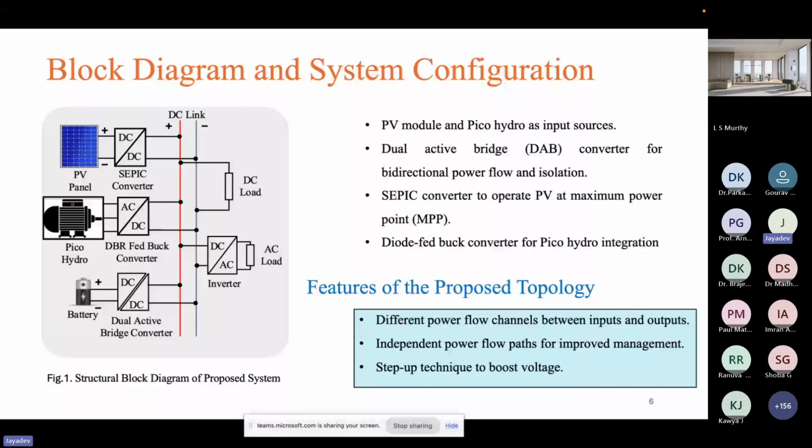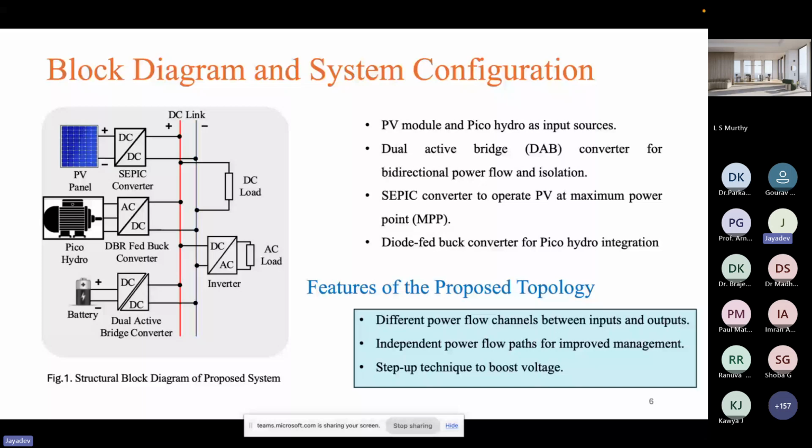Coming to the block diagram of the system, this figure represents the overall block diagram of the system that we have designed. Here we have used PV and pico hydro as sources and a battery to stabilize the DC link voltage.